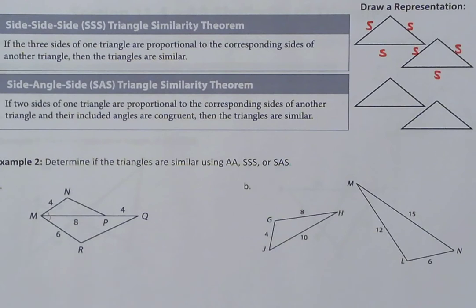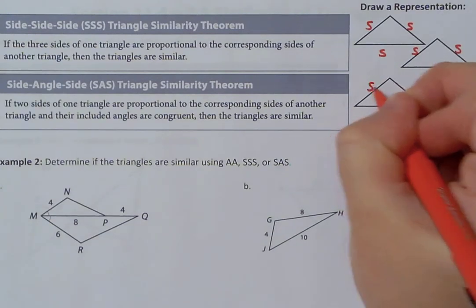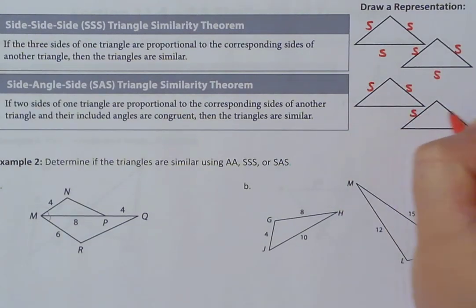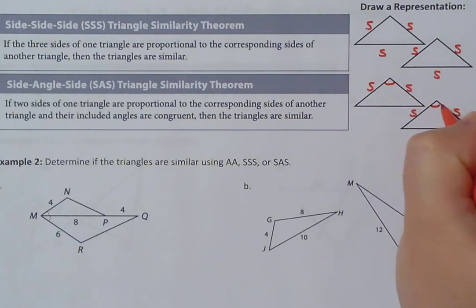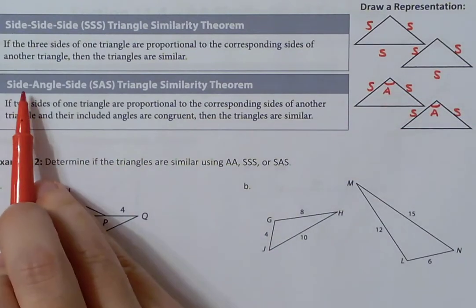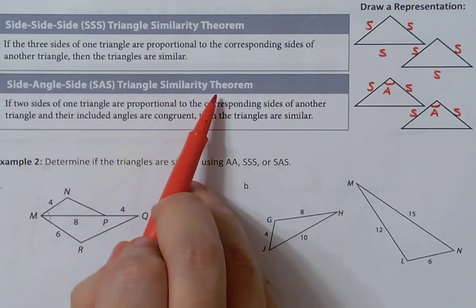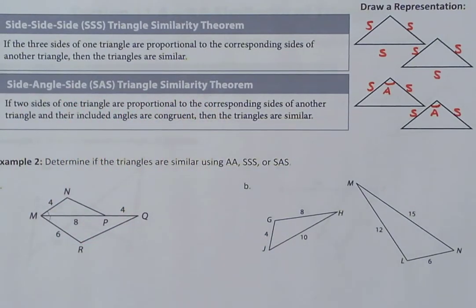The other way would be if we knew that two sets of corresponding sides were proportional and the included angle between those two sides were congruent, then you could say based off side-angle-side triangle similarity that they were similar. So there are 3 ways you can state that triangles are similar. Either angle-angle, where you know that two angles are congruent.